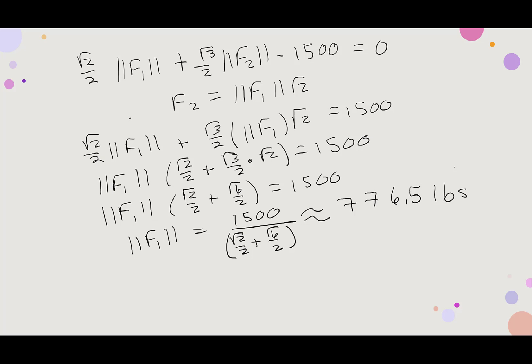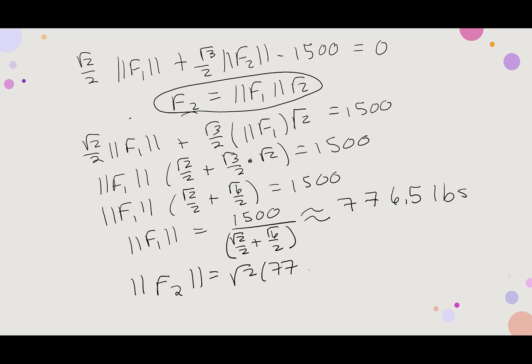Similar to that, remember we have this statement that F2 is the magnitude of F1 times the square root of 2. So for the magnitude of F2, I do the square root of 2 times 776.5, and we get 1,098.1 pounds. Let's go back and look at our picture.